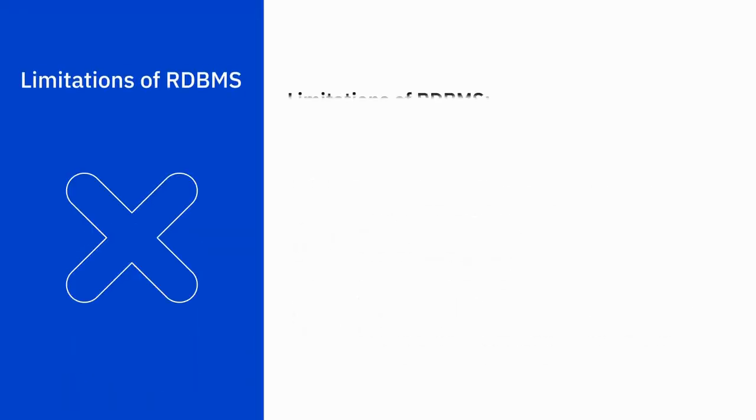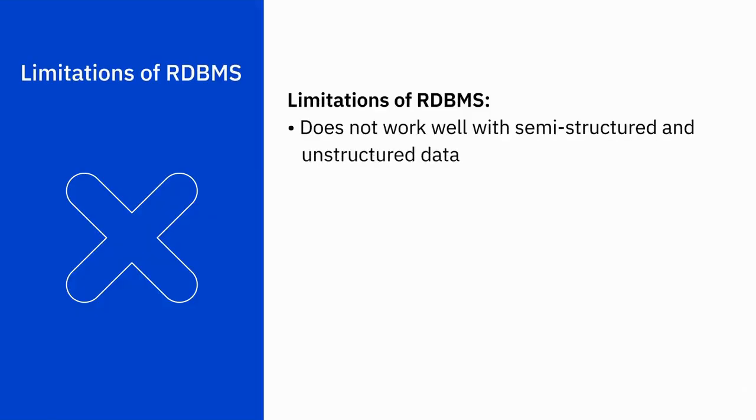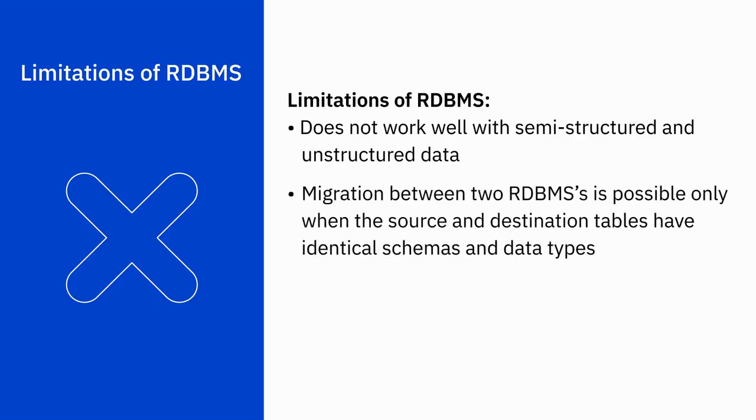This brings us to the limitations of RDBMS. RDBMS does not work well with semi-structured or unstructured data, and is therefore not suitable for extensive analytics on such data. For migration between two RDBMSs, schemas and type of data need to be identical between the source and destination tables.